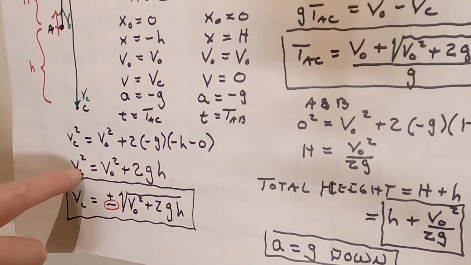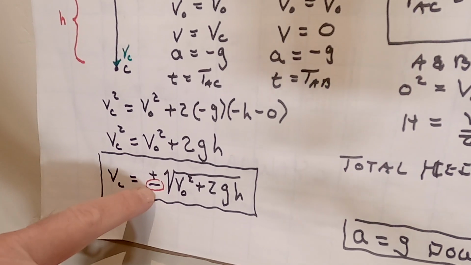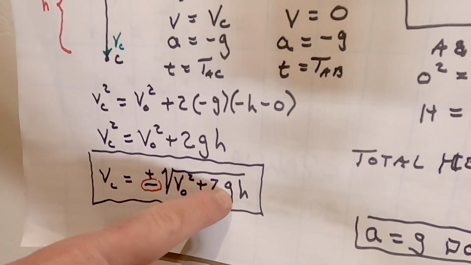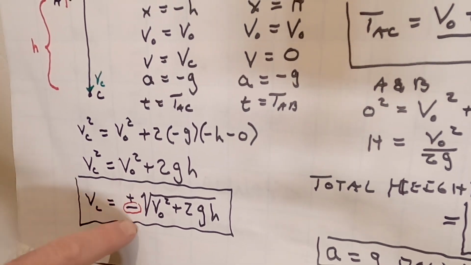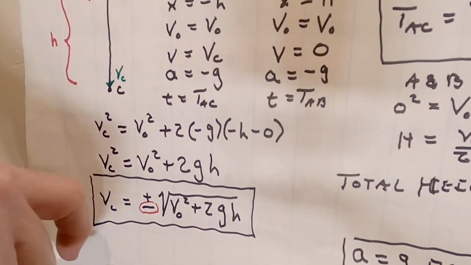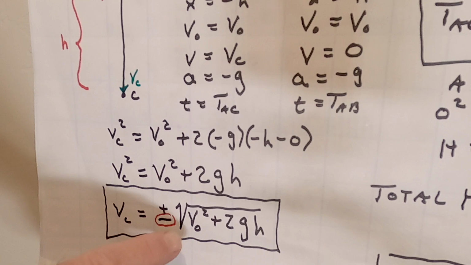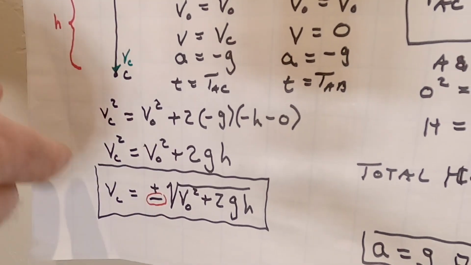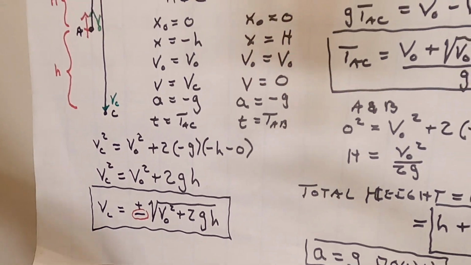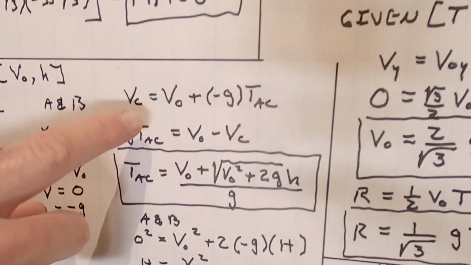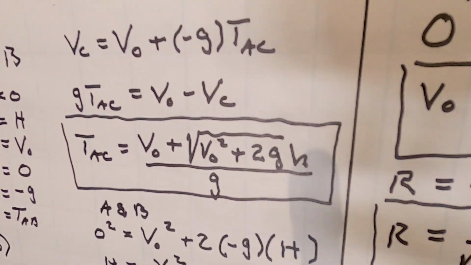And so we get this right here. So vc is plus or minus the square root of v naught squared plus 2gh. We want the minus in here because it's going downward. If you put the plus in there, when you carry that on, you're going to get incorrect answers.